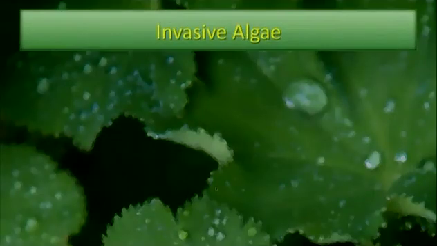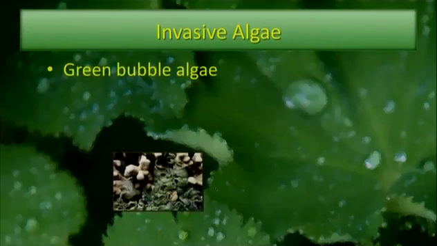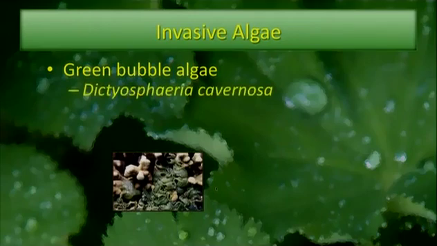Okay, now we turn to invasive algae, okay? The bad guys. These invasive algae that we're going to talk about now are actually native algae, but they're sort of algae out of control, okay? So one of them is this green bubble algae, which is called Dictyosphaeria cavernosa. It's especially infamous for overrunning Kaneohe Bay at one point.